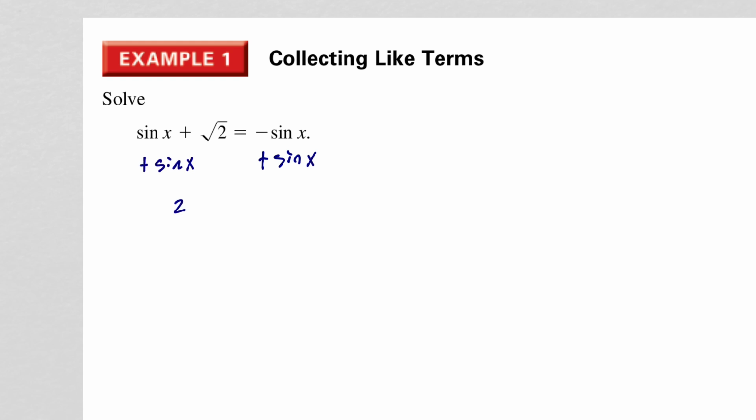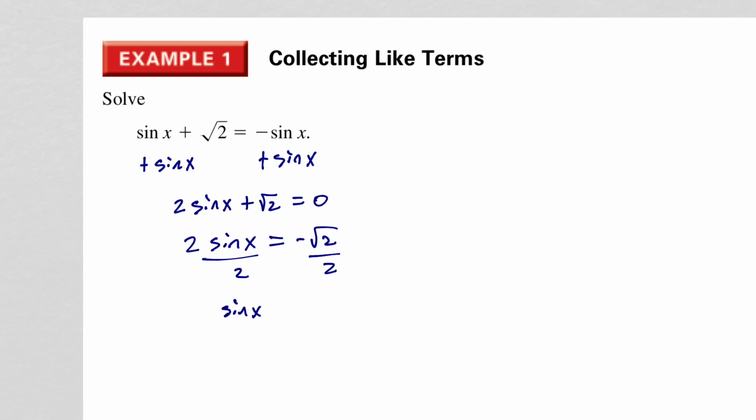So now I have 2 sine x plus root 2 is 0. So let's go ahead and isolate our trig function now. So we'll subtract over the root 2. We'll divide both sides by 2. And we'll say sine x equals negative root 2 over 2.